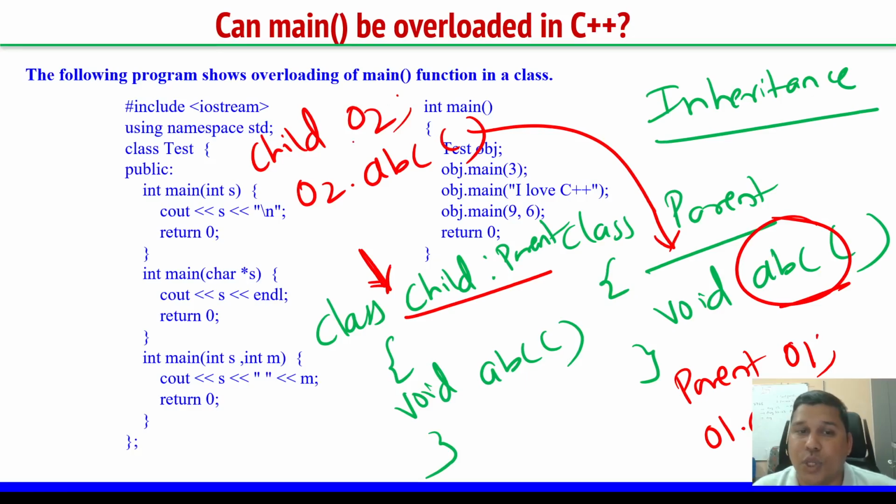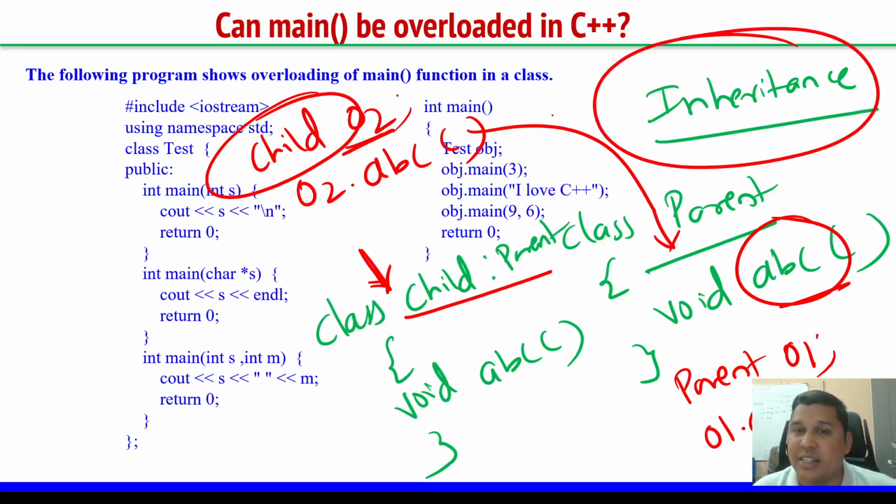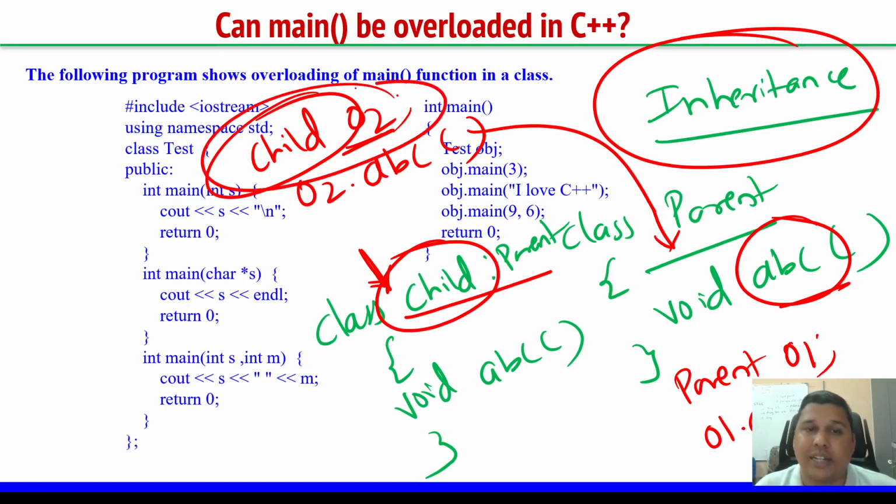When you are implementing the concept of inheritance, the child class object has the privilege to use all the variables and functions of the parent class. That way this abc can be used.